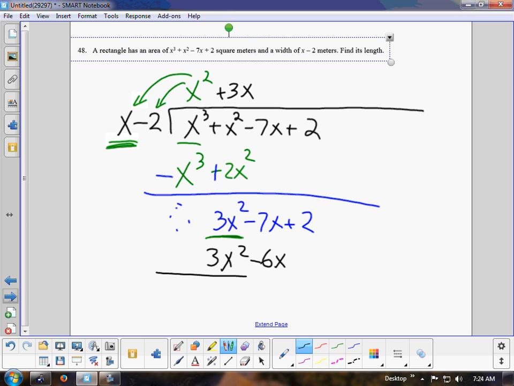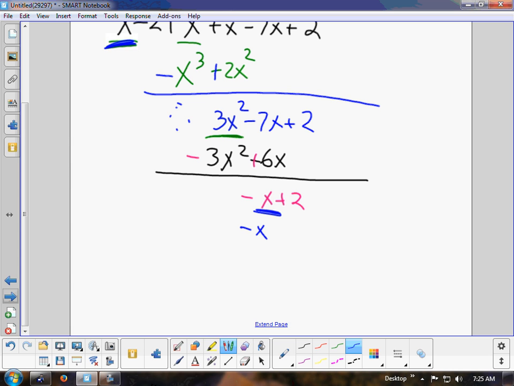It's that there. Draw a line, change the signs. Don't forget to change signs. Combine. I get negative x plus 2. Now this is good because to get a negative x from an x, I multiply by negative 1. And when I do that, I get negative x plus 2, remainder 0.